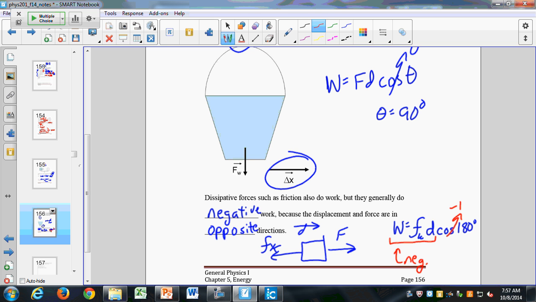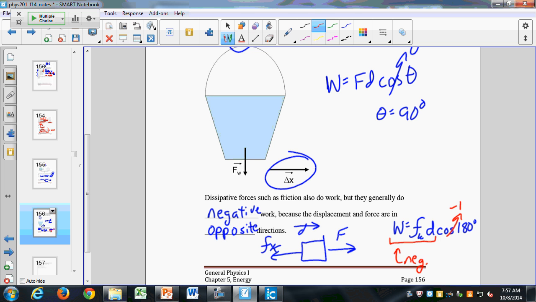Remember, work is very closely related to energy. If I do work on an object, we'll get into this next time, I give the object energy. What does it mean to have a negative work? You're taking away energy from the object.